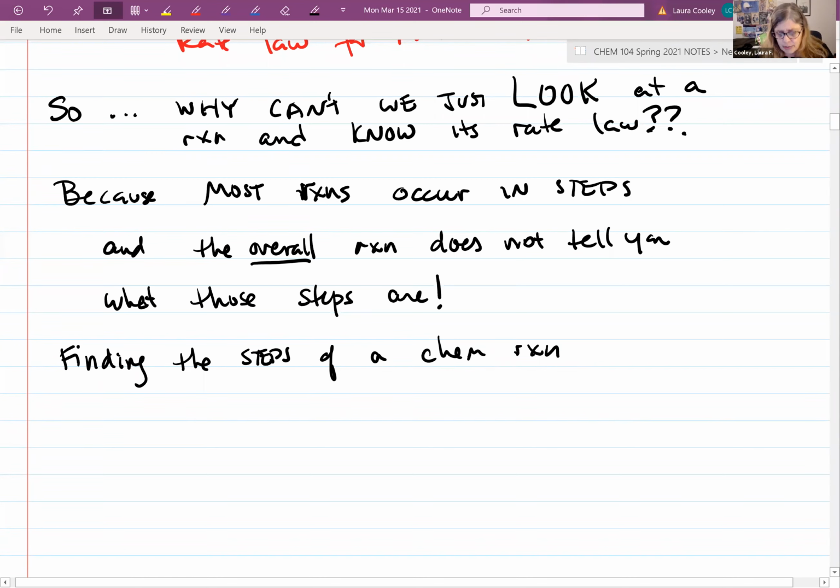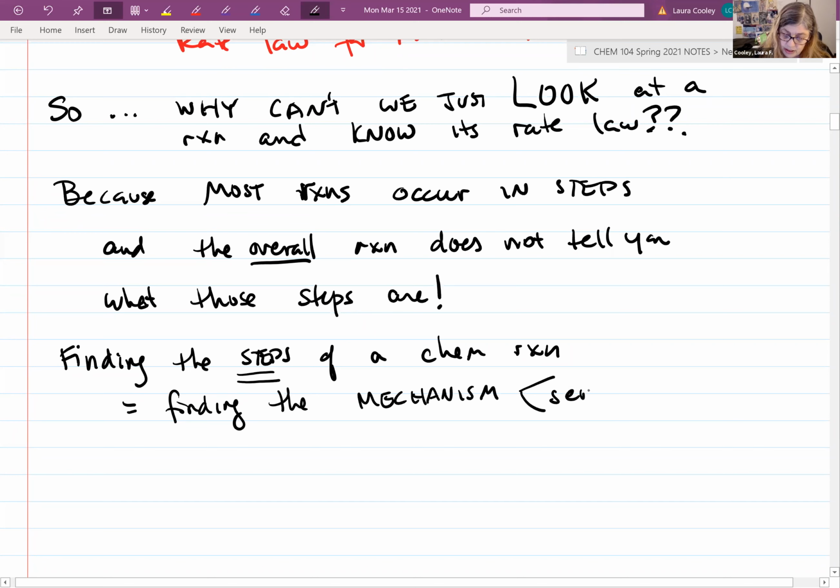It's all about elucidating the mechanism. So this series of steps, finding the steps of a chemical reaction, is called finding the mechanism. The mechanism is just the series of steps in a chemical reaction.